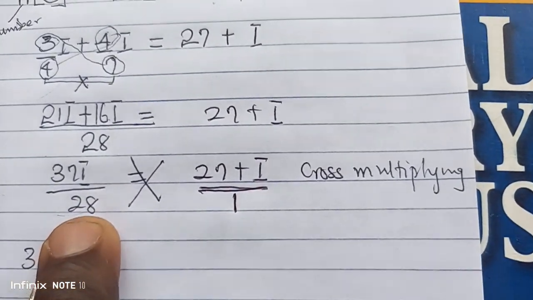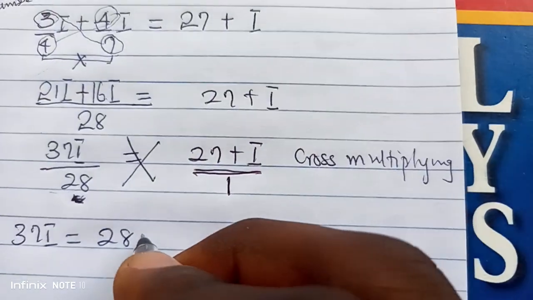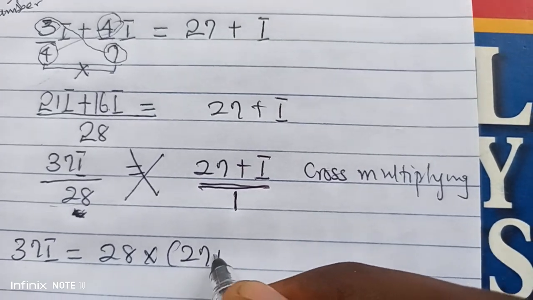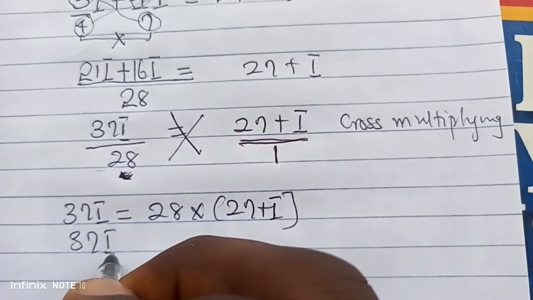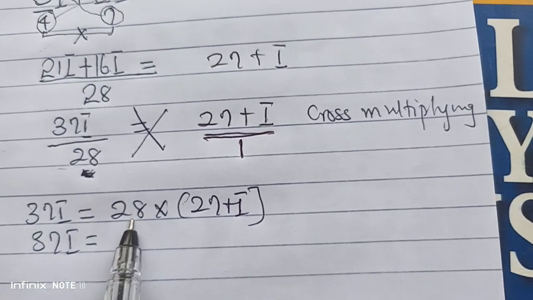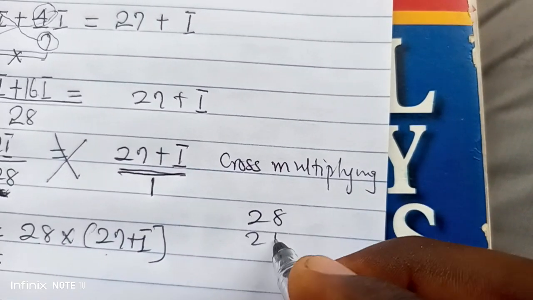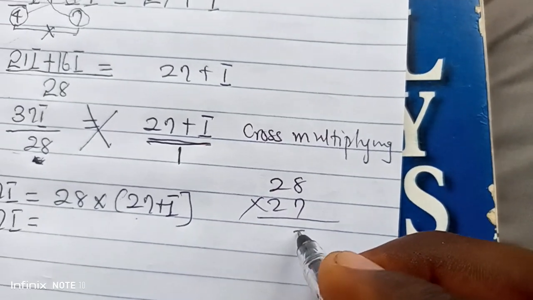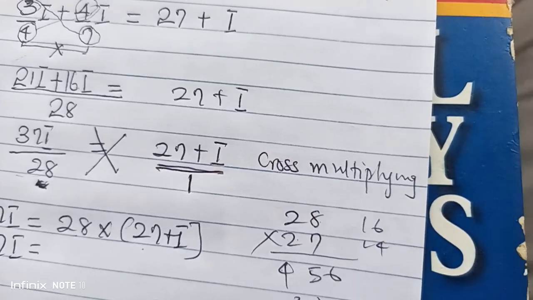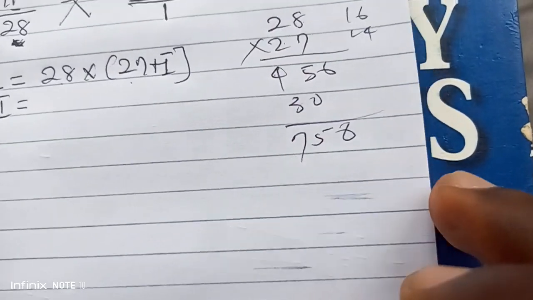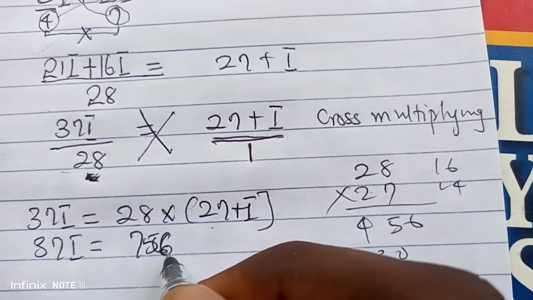And this is 28. 28 times 27i. So we have 37i is equal to 28 times 27. You can do that by hand, and that is 756.